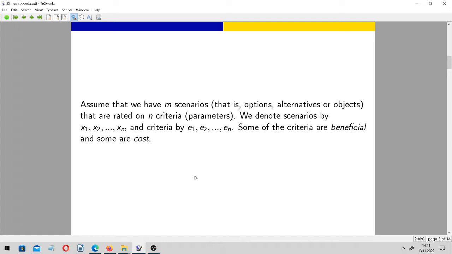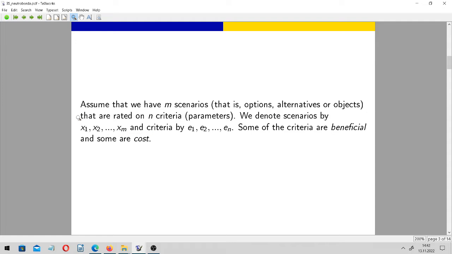Now assume that we have m options, alternatives, objects, m scenarios, as some would say, and they are rated on n criteria, so parameters, because we have a multi-criteria decision problem, and we'll solve it using the Neutrosophic Borda method, a Neutrosophic variant of the Borda method, of Borda count.